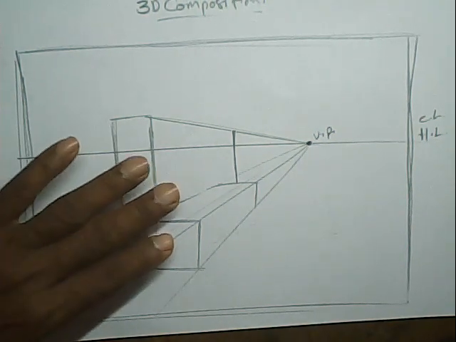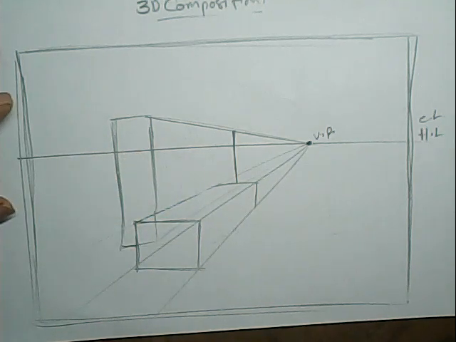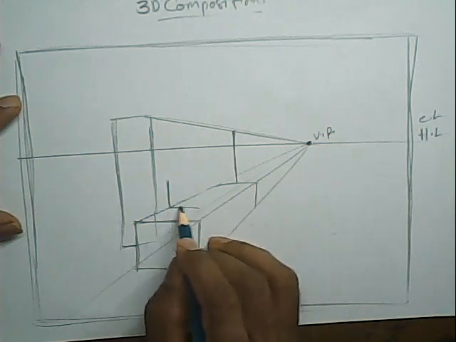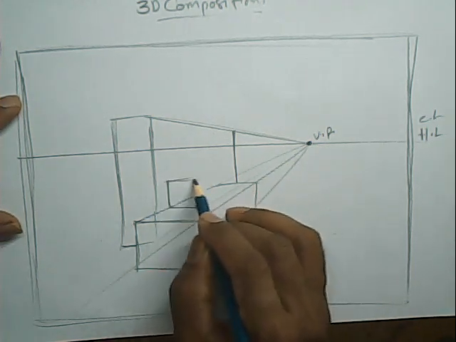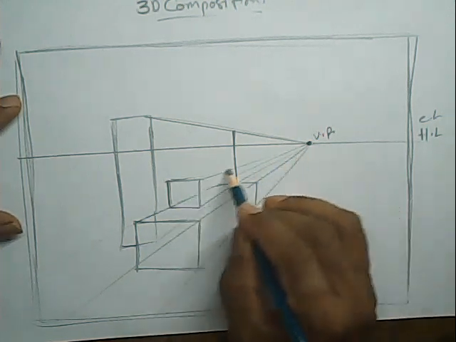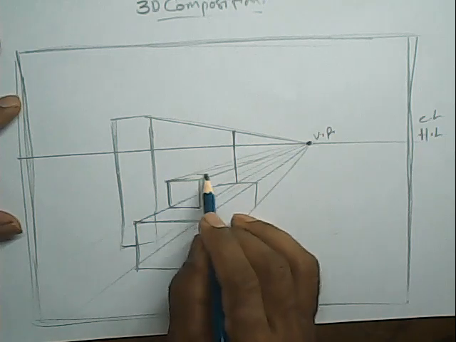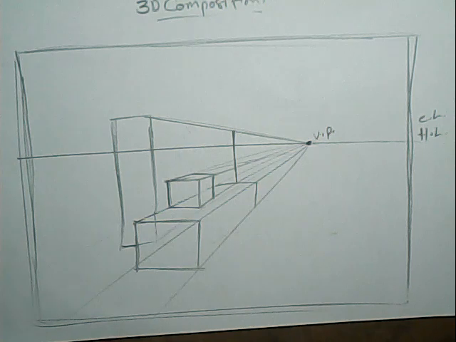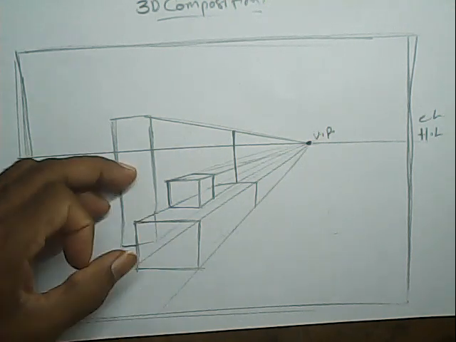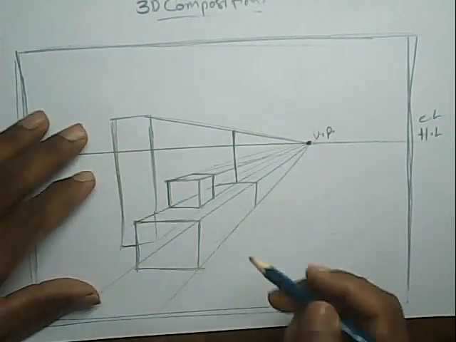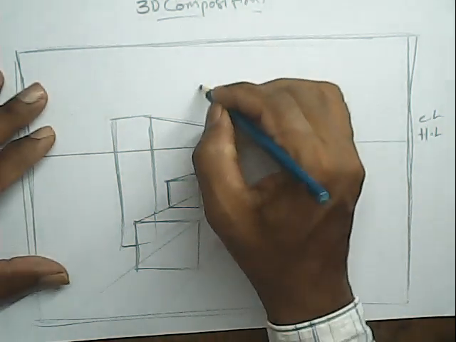Behind it is one more cuboid, and adjusted to this I take one cube, following the same perspective lines. So there is a cuboid at the bottom, one cuboid behind it vertically, and one cube adjusted to it.